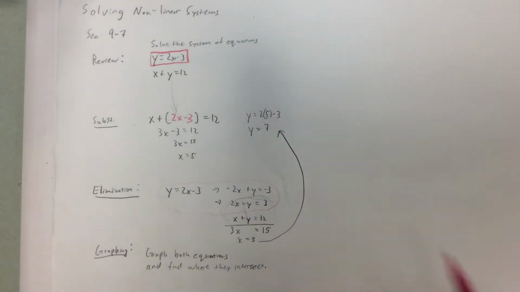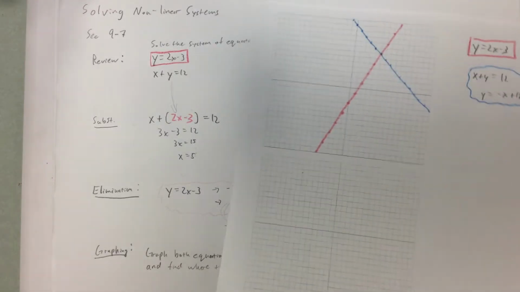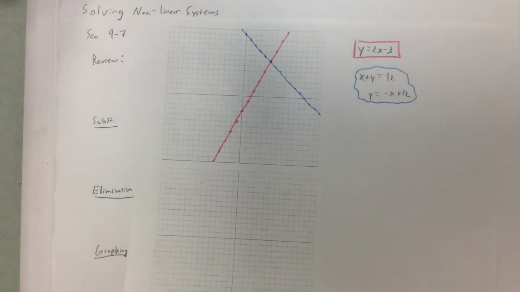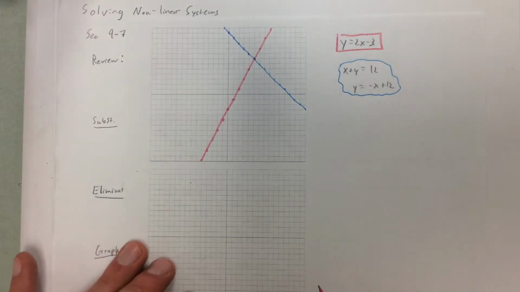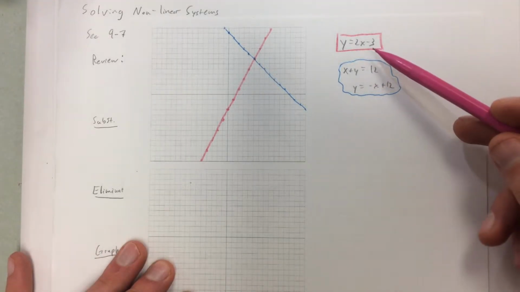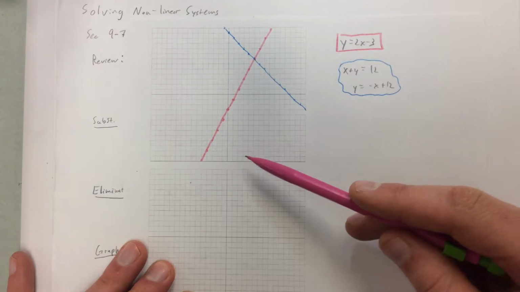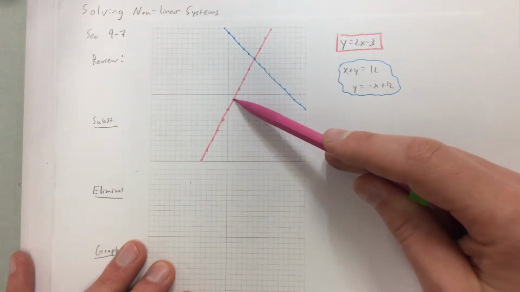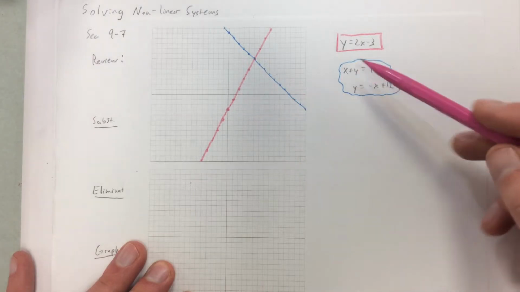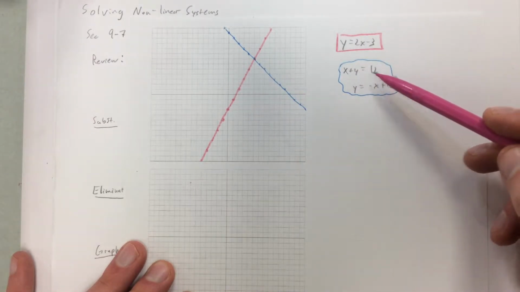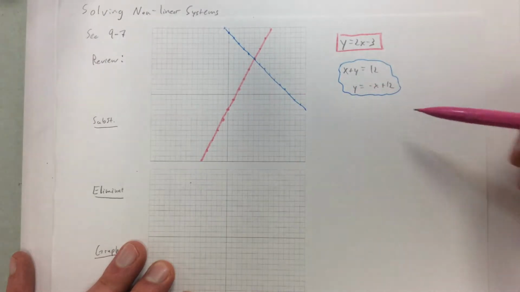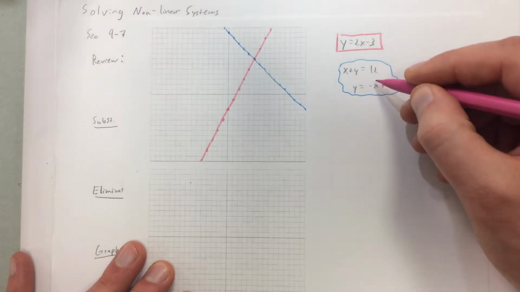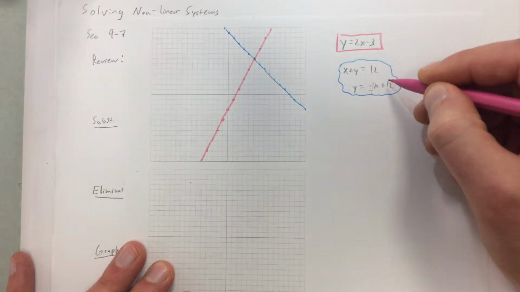The last way, of course, is graphing both equations and finding where they intersect. So if I graph y equals 2x minus 3, I would get the following line here. Start at negative 3, up 2 over 1, up 2 over 1. For x plus y equals 12, if I subtract x from both sides, I get y equals negative x plus 12, so negative 1 over 1.